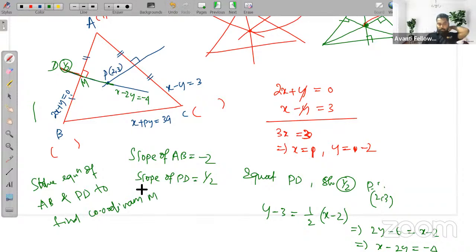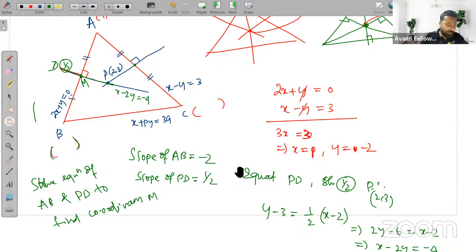Yes or no? When you solve these two equations, you will find the coordinate of this point. And we know M is the midpoint of A and B, right? So by using the midpoint formula, I can easily find the coordinate of B also. A similar process follows for the line AC also.